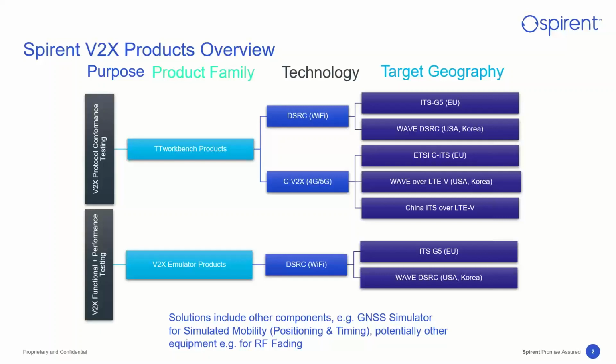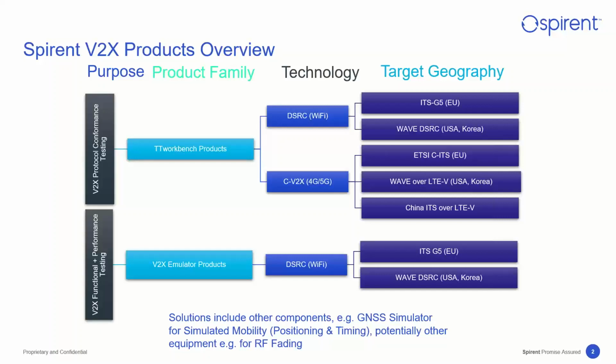In the next slides, I will go a bit deeper into which layers we cover and which are out of scope for our solution. But the solution is dedicated to covering all the different regions. So it includes the EU CITS specification, the US WAVE, also the EU for CV2X, WAVE for CV2X, and also the China specs are covered.